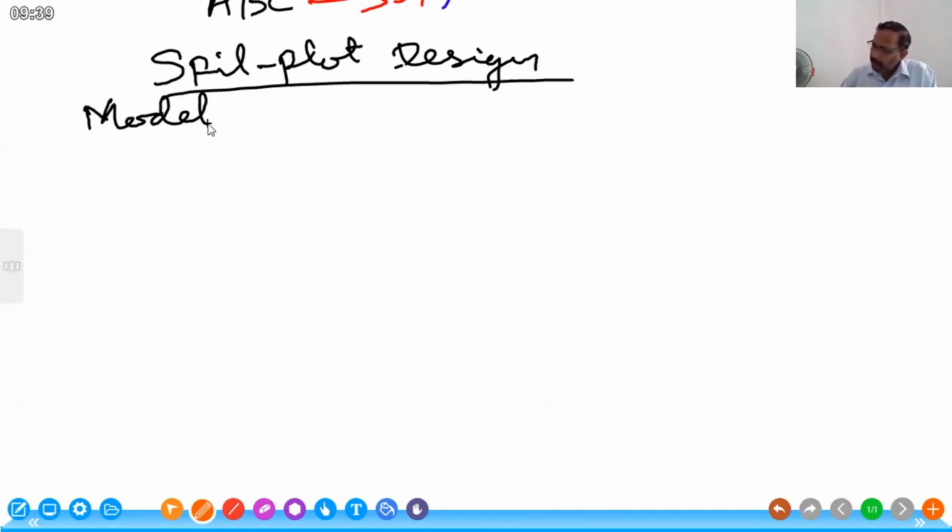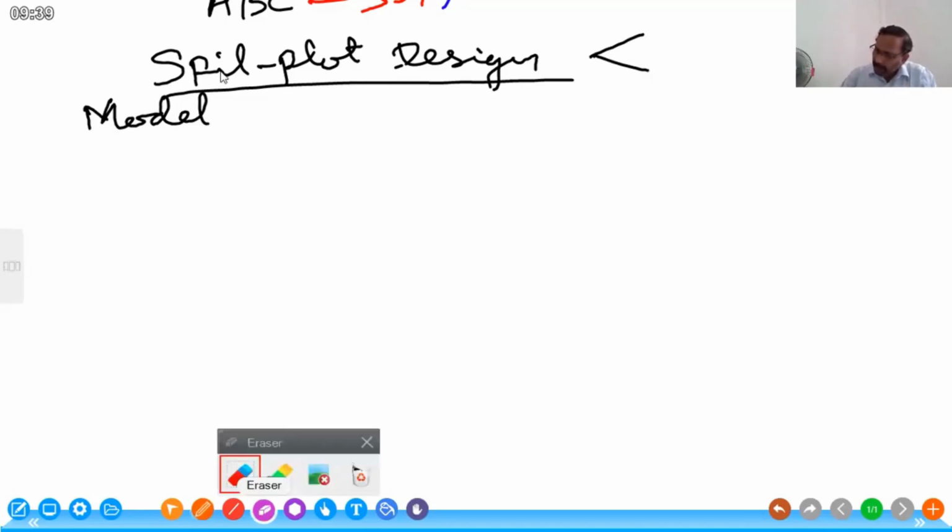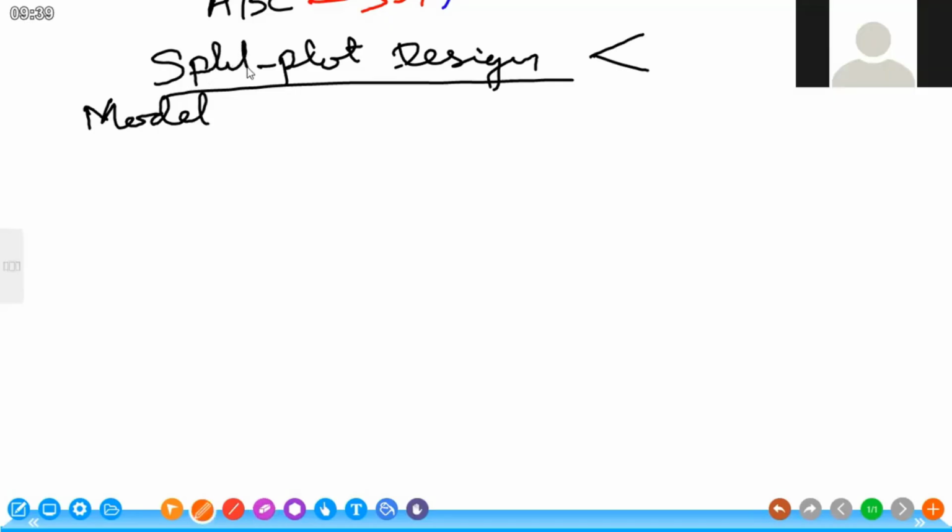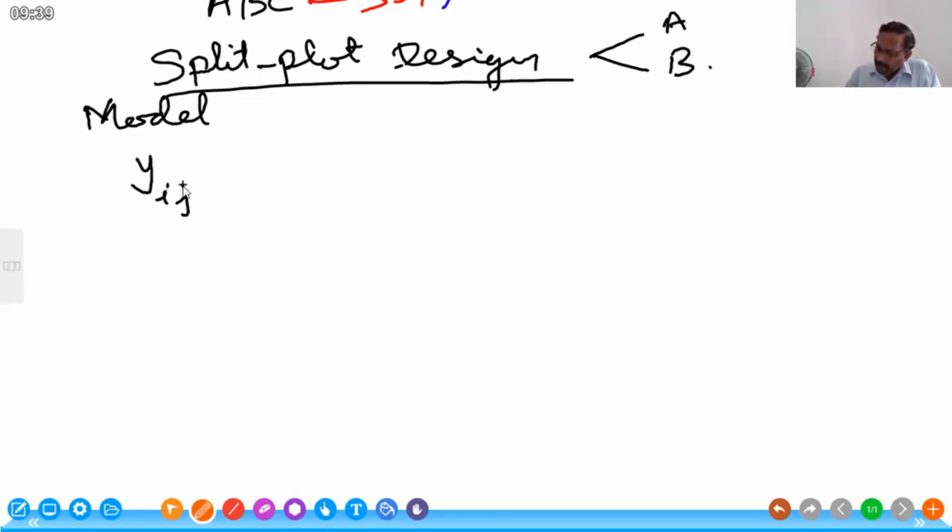So when you say split plot design, how many factors are involved? Two factors. So A and B factor. Two factors are involved, right? So let's say y_ijk is equal to grand mean plus we could say alpha, doesn't matter whatever.